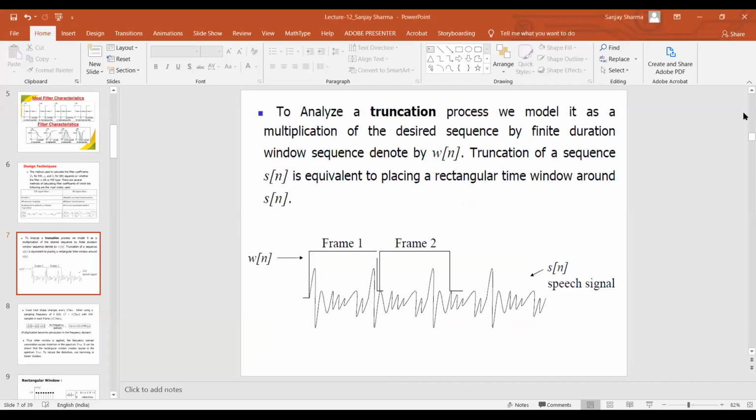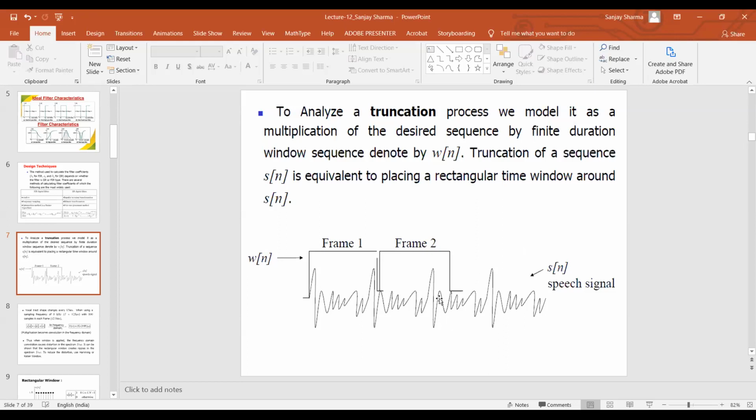Now, the question is that, let's say we have a signal, and that signal is a speech signal. So the speech signal is coming continuously, the output is coming from some transducer, right? From some sensor or any transducer, the output is coming continuously. Now, the question is that we cannot analyze the incoming signal from -infinity to infinity.